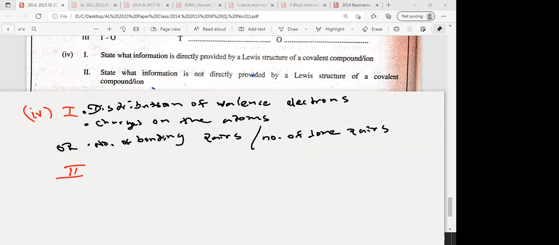Can we decide the shape? Will the Lewis structure provide it? When you are drawing the Lewis structure, do you consider the shape of the molecule? No. Okay, I'll give one example.